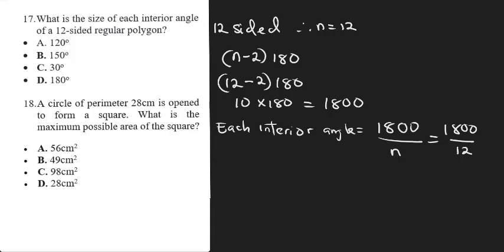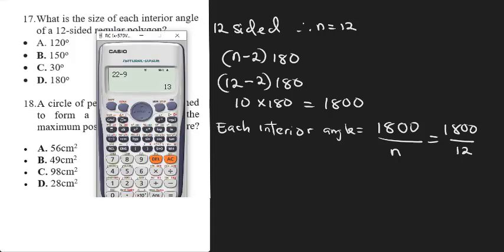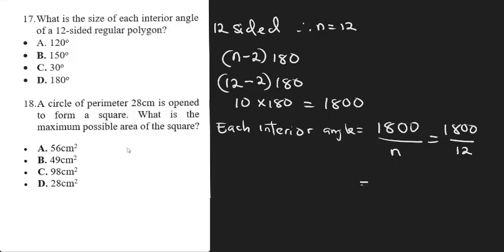So 1800 divided by 12 is actually 150 degrees. So this is equal to 150 degrees. So that means our answer is B. Let's move to the next question.